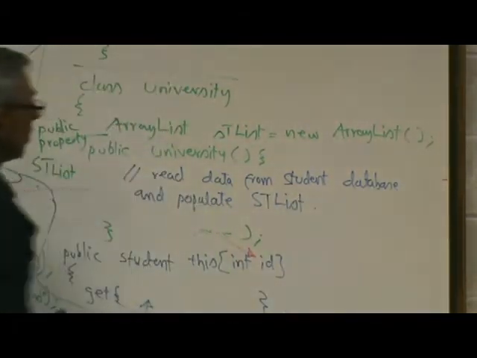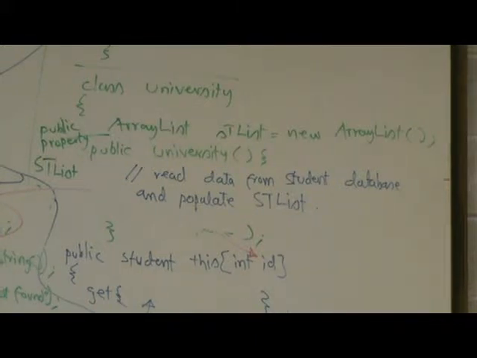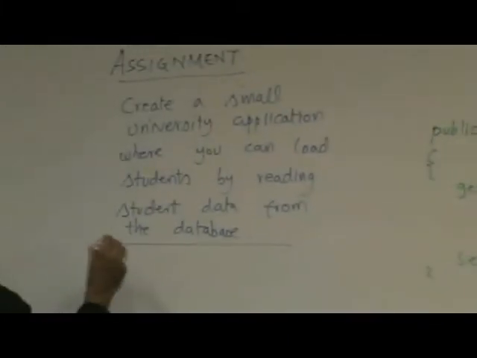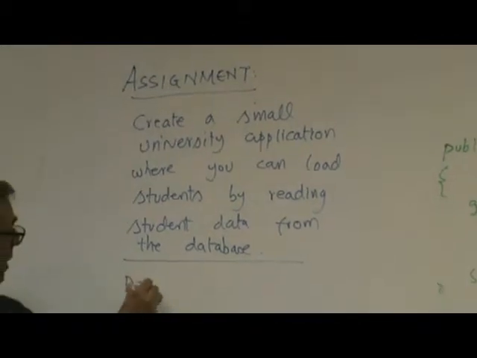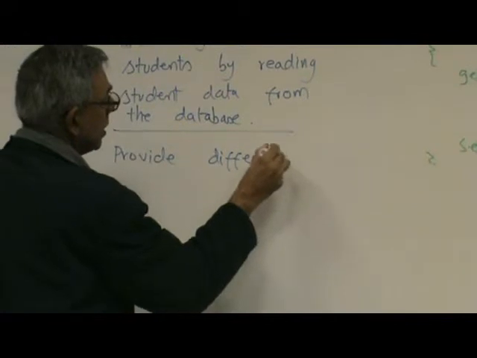So that's what your constructor will do in the university class, right? Okay, so once you have read all the data in the SD list, then you have to provide different indexers.